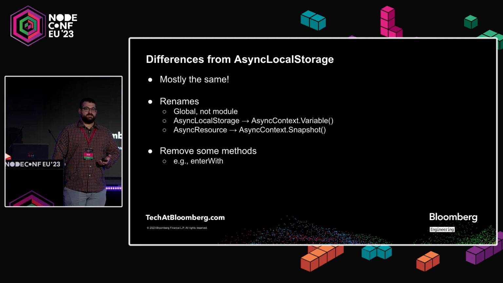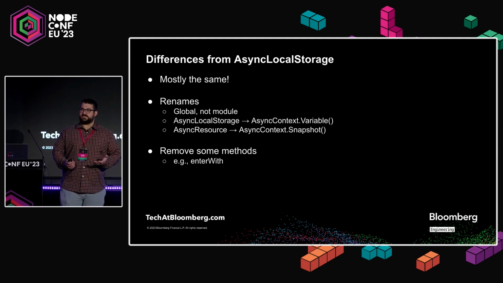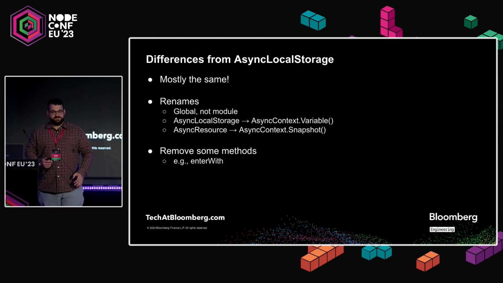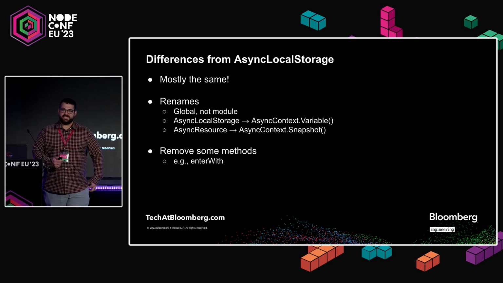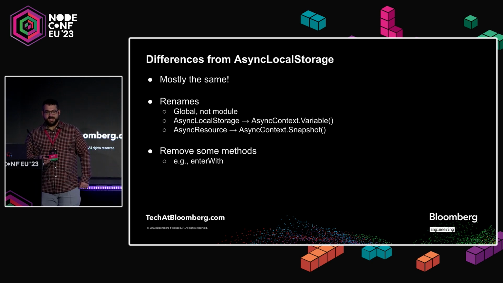There was an effort to make built-in modules in JavaScript, but so far that has really stalled in standards. So anything that's built in will be a global. Also, the names of the constructors changed a little bit. And we've removed some methods that were kind of poorly designed in async local storage, such as enterWith. But really, it's the same thing, but built into JavaScript, so it can be implemented well, in the style of continuation preserved embedder storage.